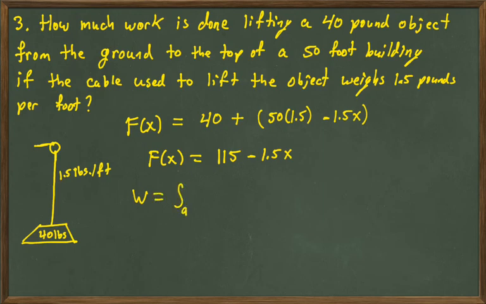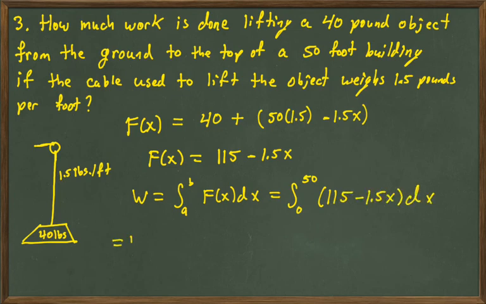So for the work done, we're going to move the object from 0 to 50 feet. There's your force, there's your distance, and all we have to do is integrate this. It's going to be 115x minus 1.5x squared over 2, evaluated from 0 to 50.